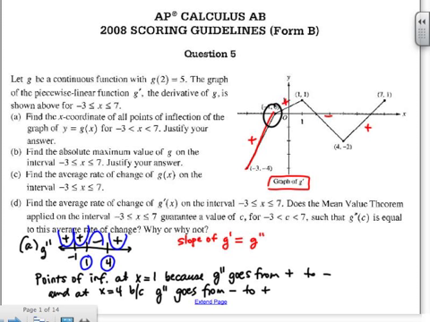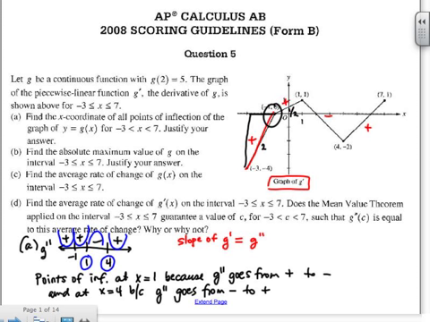You can count, you could do rise over run. So it's 4 over 2, so the slope is 2 here. And then the slope is up 1 over 2, it's 1/2 here. So what that means is at negative 1, the slope was undefined, so it's not equal to 0. Your slope from the right and left had to be exactly the same thing. So there is no point of inflection at negative 1.